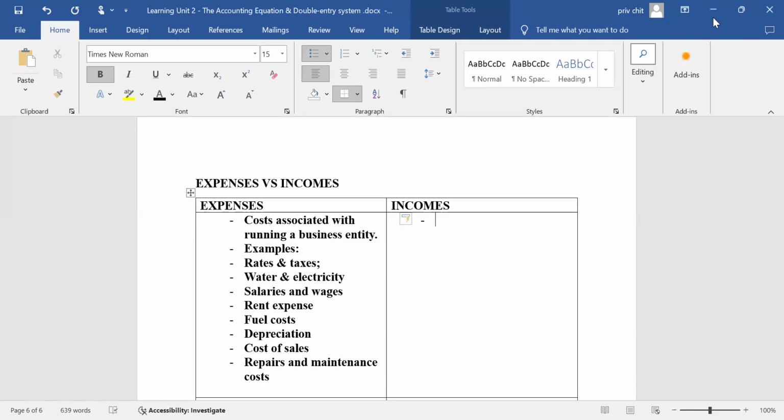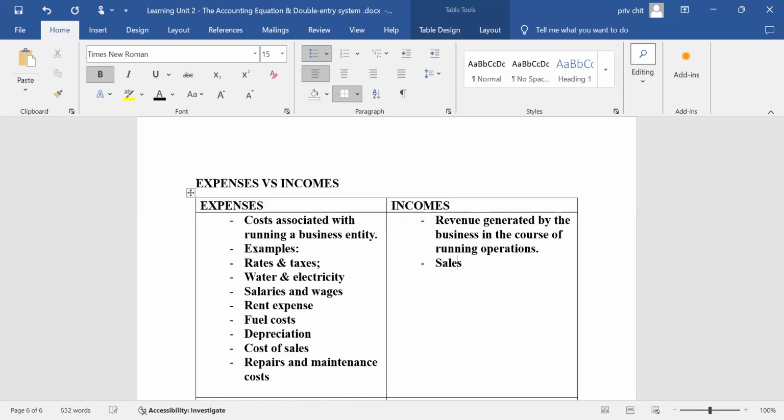Now, what is incomes? Incomes can be explained as revenue generated by the business in the course of running operations. Does it make sense?